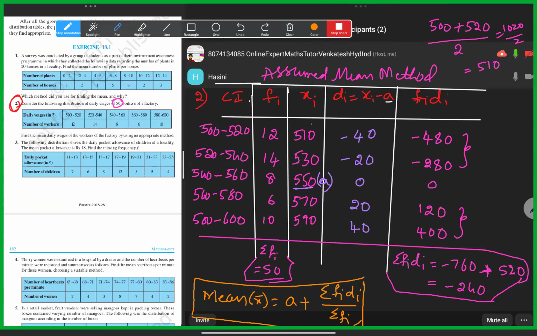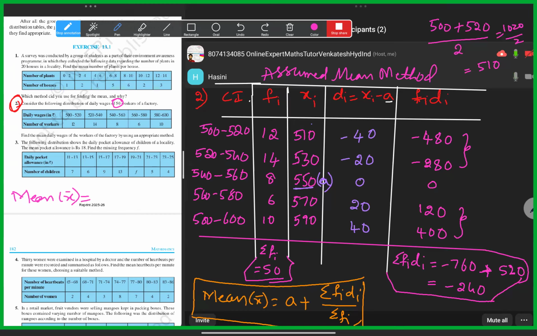I'll finish the sum. I'll do this on the left side. Mean is equal to, finally, A plus.